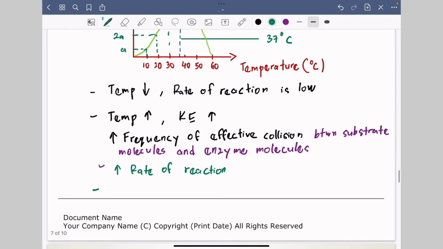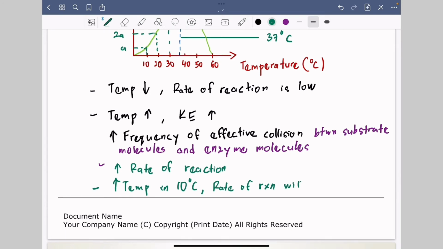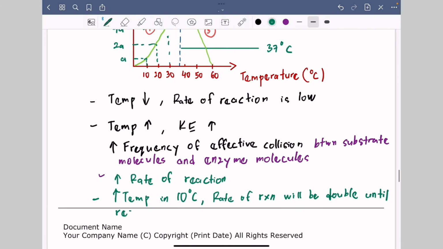So with the rise of temperature of 10 degrees Celsius, the rate of reaction will double until it reaches the optimal temperature.